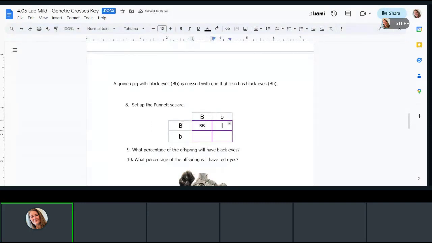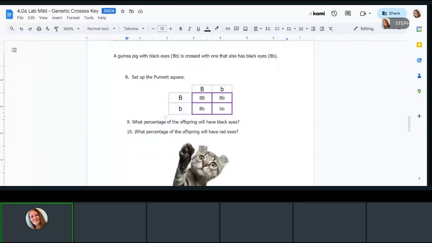This B goes over here. Little b comes down. Now you have a little b and a big B. We always put the big B first, though. Always put the big B first. And then we have a little b comes over here, and a little b comes down here.